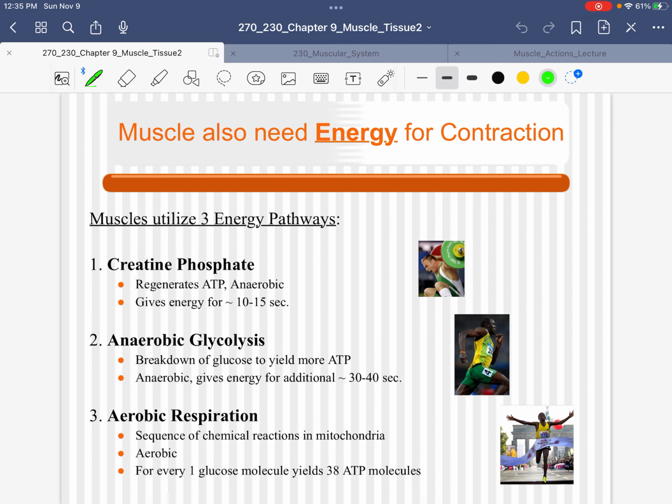If we think about the muscle and what it needs to contract, it needs certain tools, certain ingredients to contract. So we've already talked about the nerve impulse. One thing that a muscle needs is a nerve impulse. What else does it need? It needs calcium. We talked about that, correct?